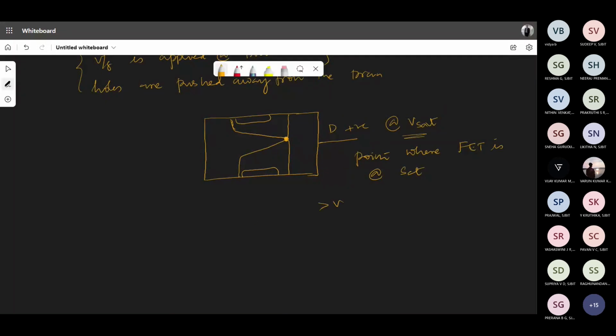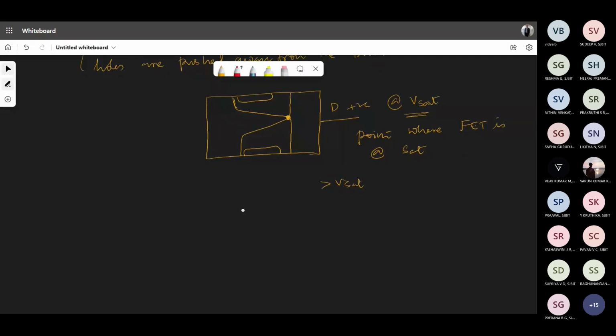If you go beyond saturation, how will the entire diagram look like? The entire layer diagram is going to look like this. The two P's, what you observe is a scenario like this. They start overlapping, that's all.